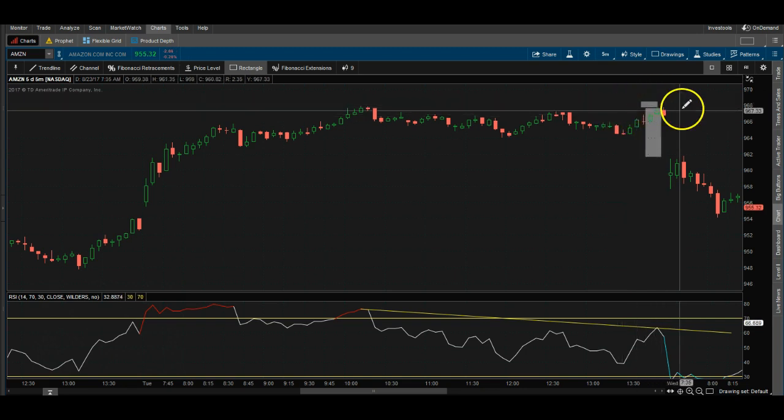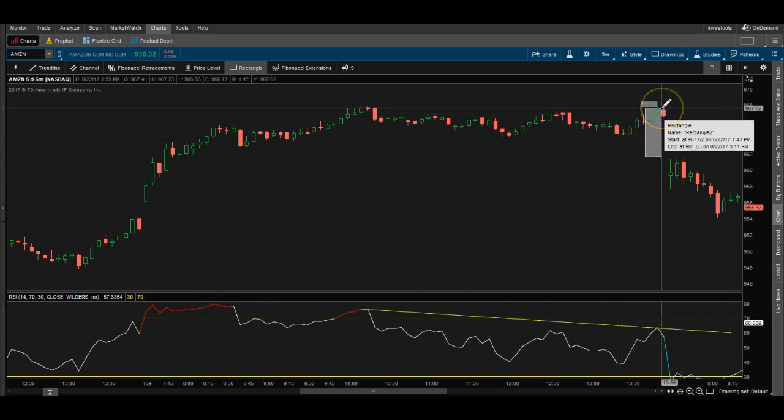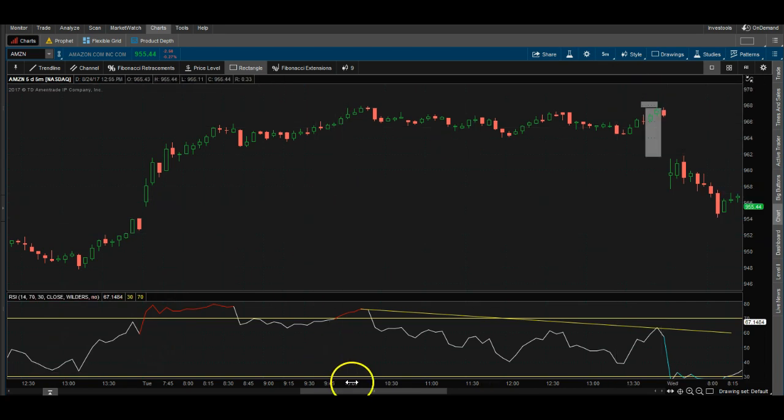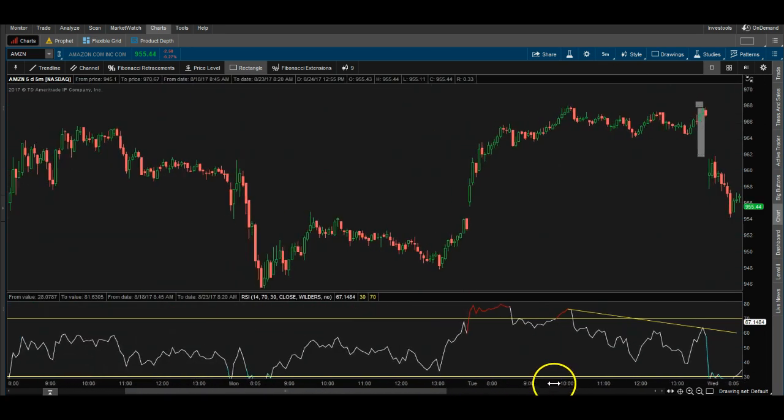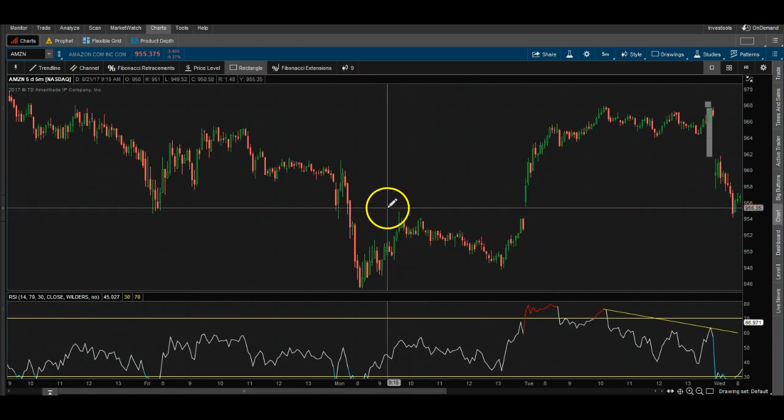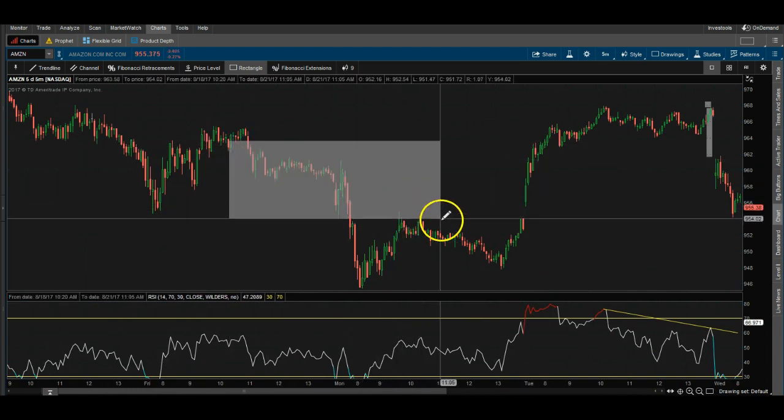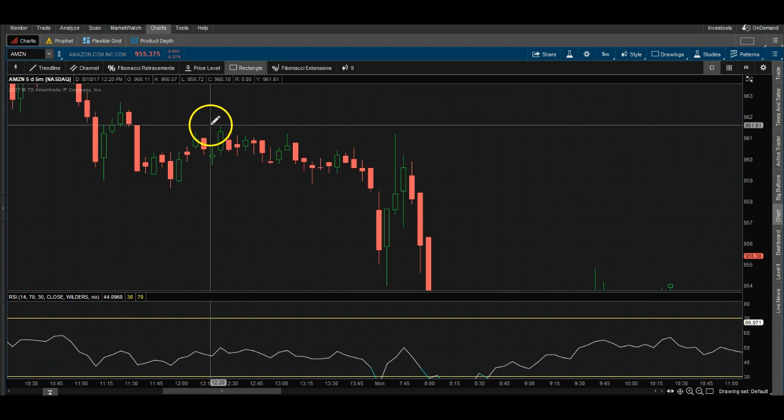Now, will you get stopped out a bunch of times? Yes, because if a market's trending higher, it's going to break out, right? But if you look at charts, they tend to have double tops multiple times. Look at this one right here, right?